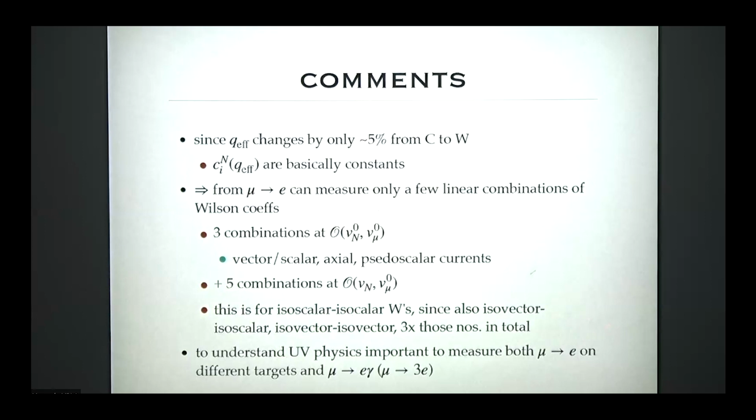There's only a finite number of numbers that you will measure. I can talk in detail about what exactly you can measure. So the end point is it's very important to measure mu to E conversion on many nuclei. But you see that mu to E gamma will be quite important to break degeneracy. And then if you're interested in the leptonic currents, of course, mu to 3E.